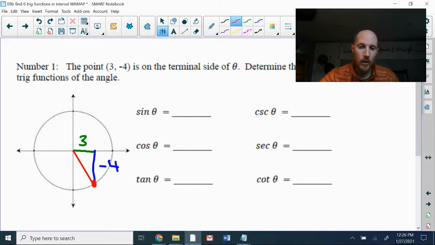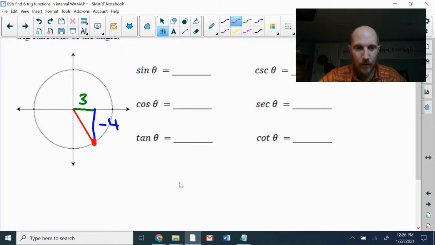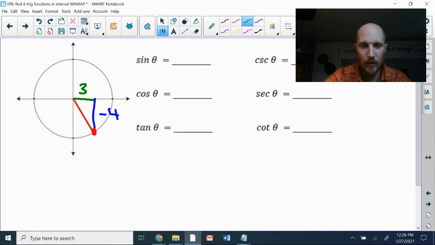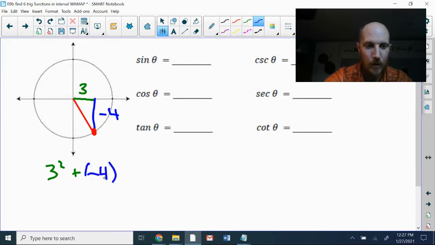In order to get ready for evaluating the 6 trig ratios, I have to find the missing side length of my triangle. You might recognize this as a Pythagorean triple, but you also might just want to set up the Pythagorean theorem. So 9 plus 16 equals c squared.